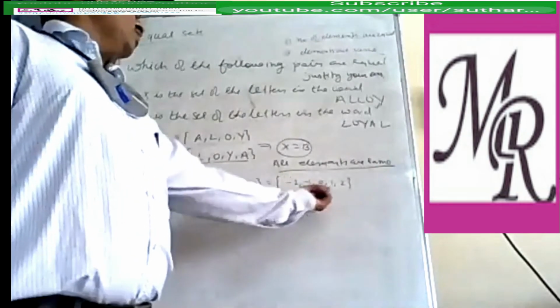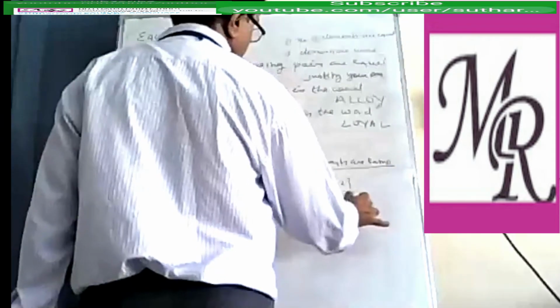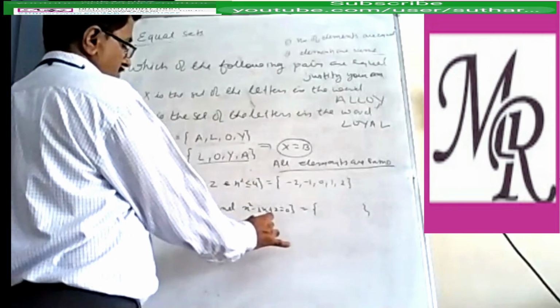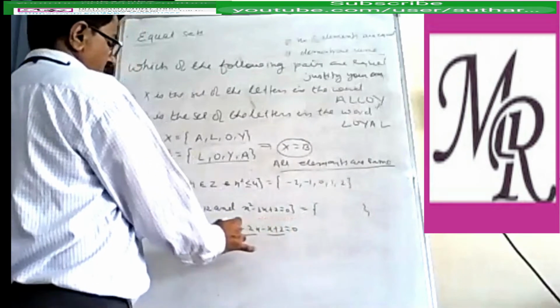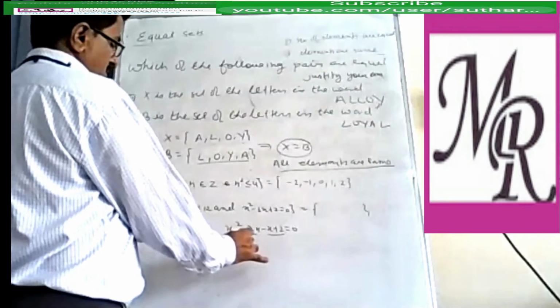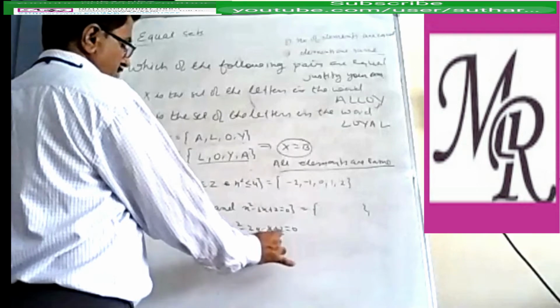For set B, the square of x is less than equal to 4. Clearly, to find the roster form of B, we factorize this. X minus 2, here you take minus common.